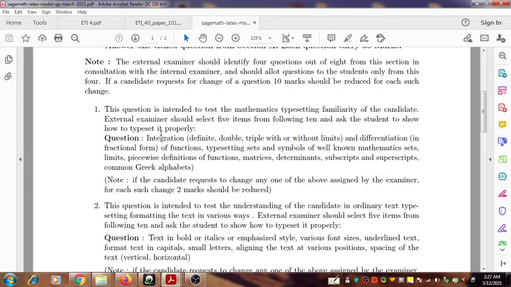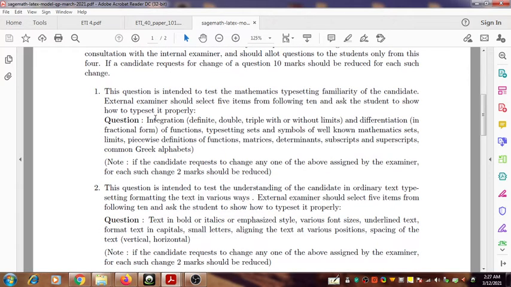The first type of question may contain topics belonging to integration, that is definite, double, triple, and other types of integrals. Integration symbols should be typeset using LaTeX, with or without limits.